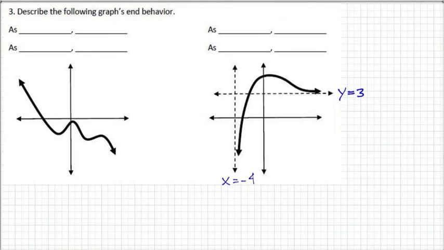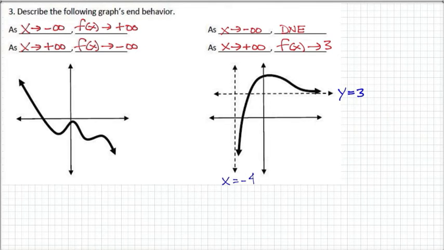Next page. This may not be in your notes, so make sure this is in your notes. Describe the end behavior. I'll show the answers in 3, 2, 1. And you notice here, I said there is no end behavior because the function does not have any value at x is equal to negative infinity.